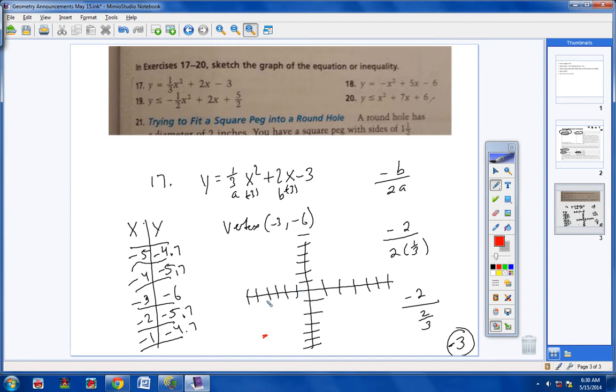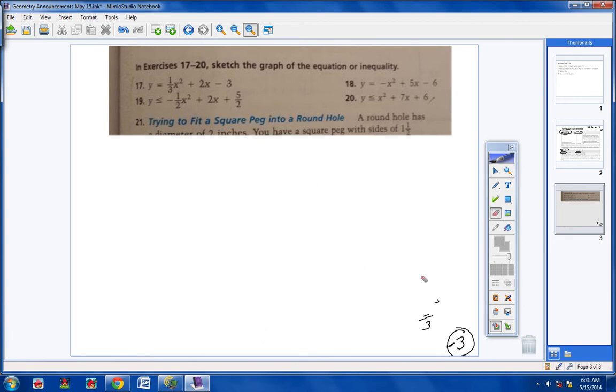And then negative 4 would be negative 5.7. 4, about right. 1, 2, 3, 4, 5, 6, 7. And then negative 3 is negative 6. And the next point would be here, and the next point here. So you can kind of see the parabola you're getting. There you go. All right. Again, you can pause the video if you want. I'm going to move quickly.